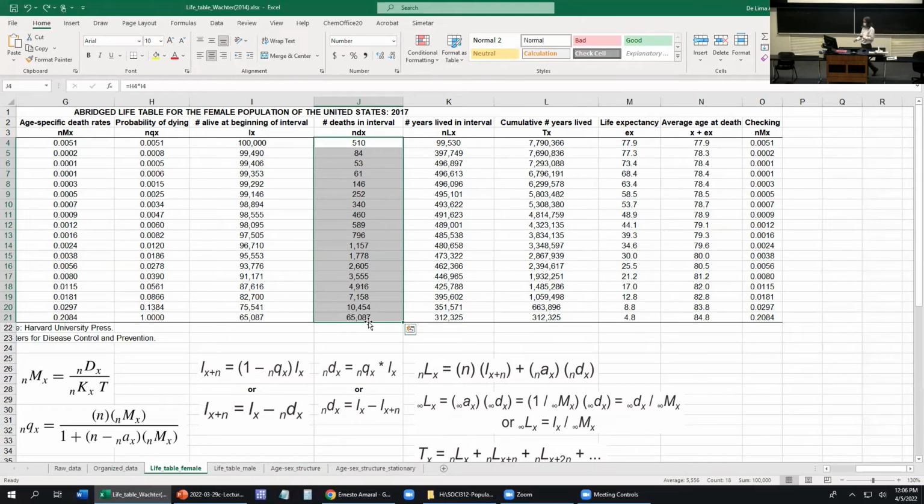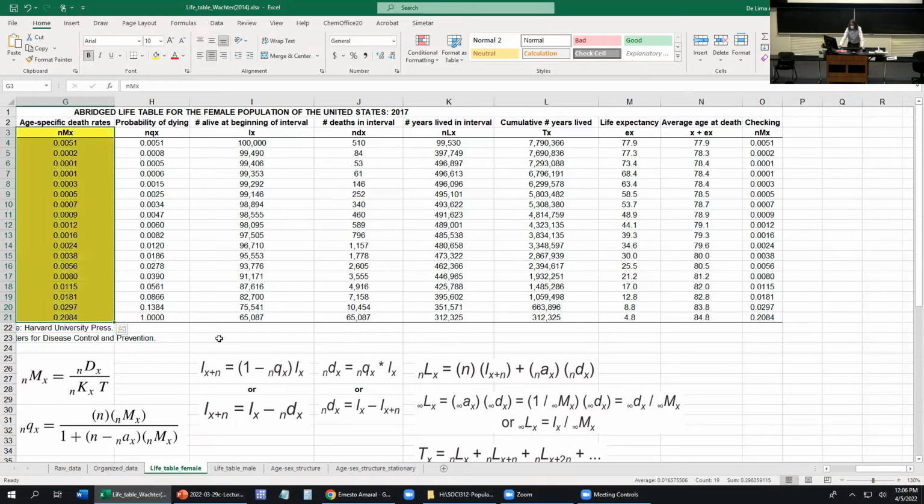And let's consider that the age-specific mortality rates are constant over time. So, what are the assumptions here? The assumptions, we have age-specific mortality rates constant over time. So that relates to this column here.